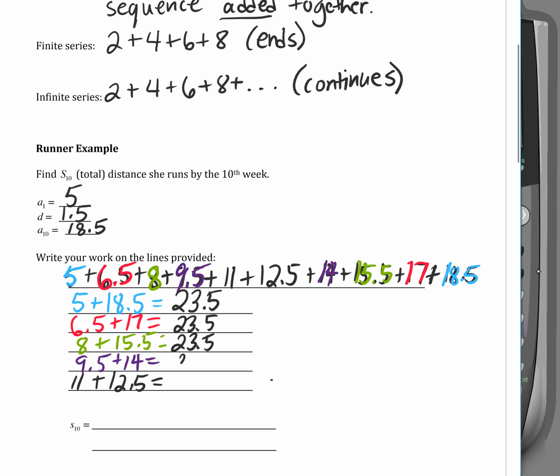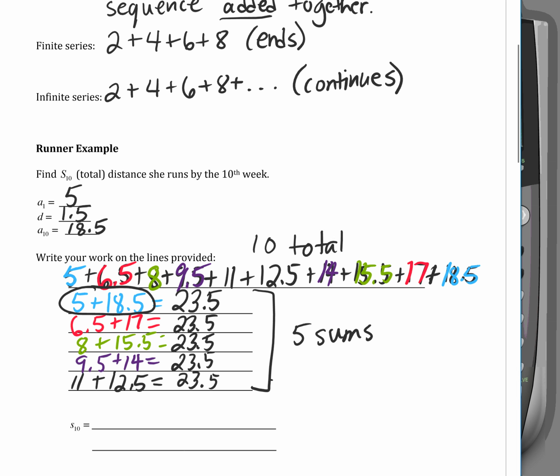And that's a key number because since they're all the same, we can use that to develop a formula just using the first two numbers, which we have formulas already to calculate. We should already know the first term, and we have a way of calculating the last term. And then, right here, we have 5 sums that we got from 10 total numbers, which is half of our total number of weeks we're looking at.